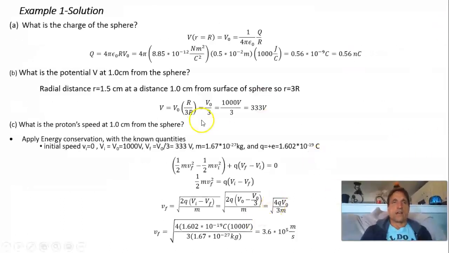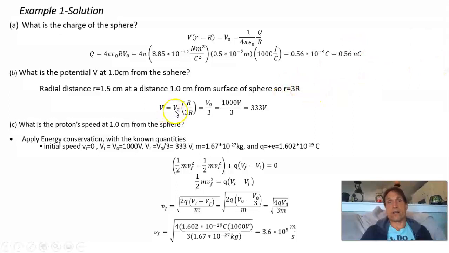If we're 1 centimeter from the sphere, and the radius of the sphere is 1/2 centimeter, then little r must be 1.5 centimeters from the center of the sphere. It's 1/2 centimeter to get to the surface and another centimeter further. So little r is 1.5 centimeters, which is equal to 3 times the radius of the sphere.